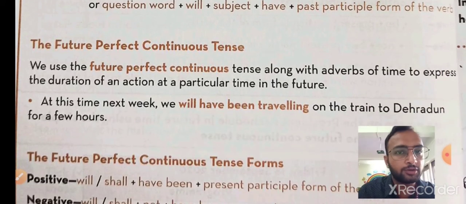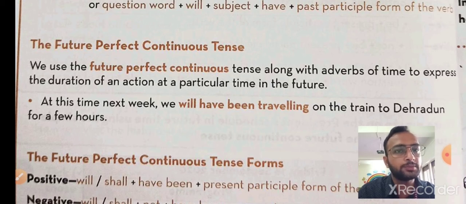So here we move forward to the future perfect continuous tense. We use the future perfect continuous tense to express the duration of actions at a particular time in the future. At this time next week we will have been traveling on the train to Dehradun for a few hours.